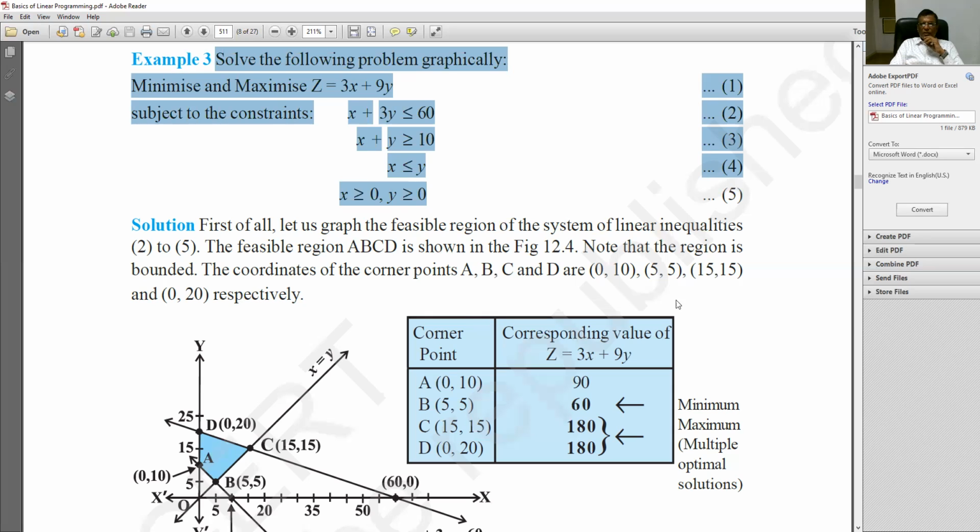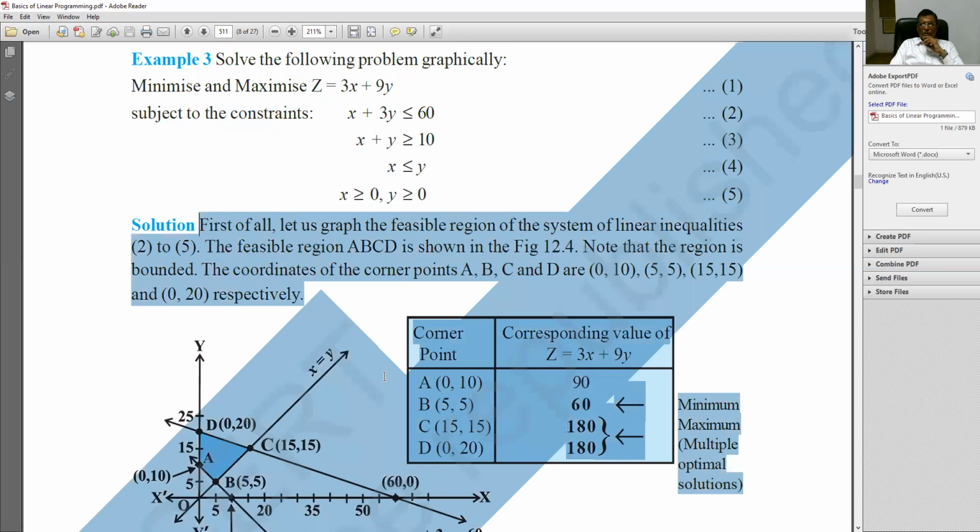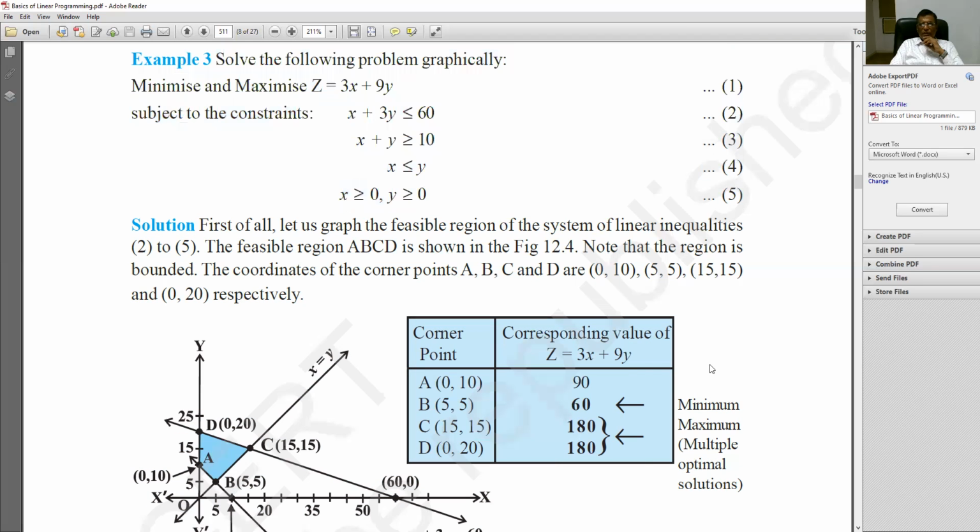There is no need to look at the solution part of the numerical. You will understand it when I come to the pattern of this graph.